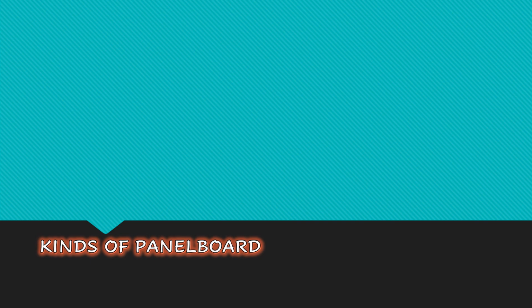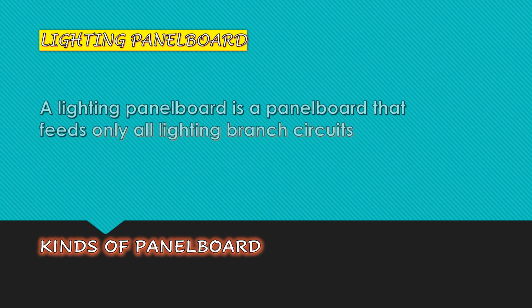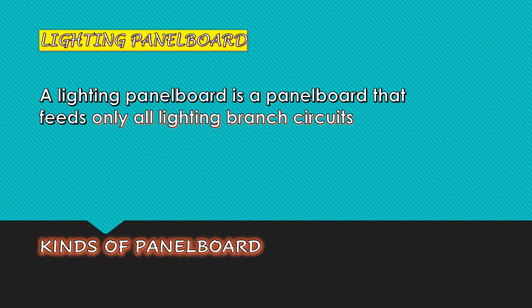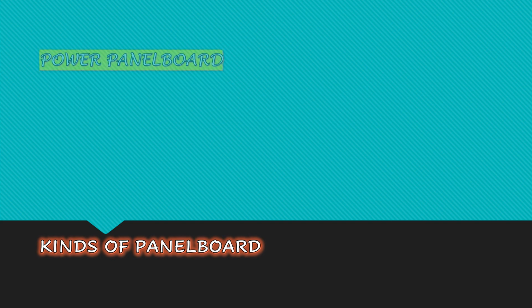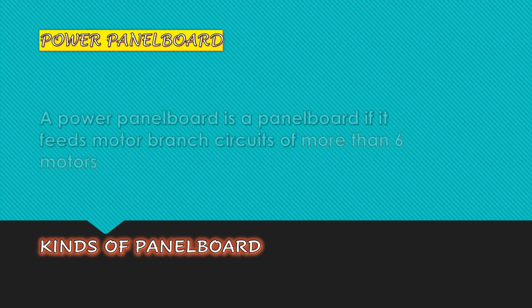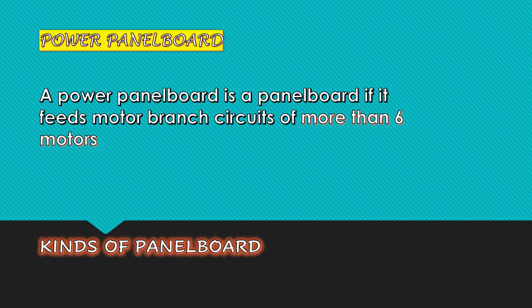Now, let us briefly discuss the kinds of panel board. Lighting panel board. This is a panel board that feeds only lighting branch circuits. So if you are connecting only lighting in this branch circuit, it will be called a lighting panel board. Power panel board. It will be called a power panel board if it feeds motor branch circuits of more than 6 motors.